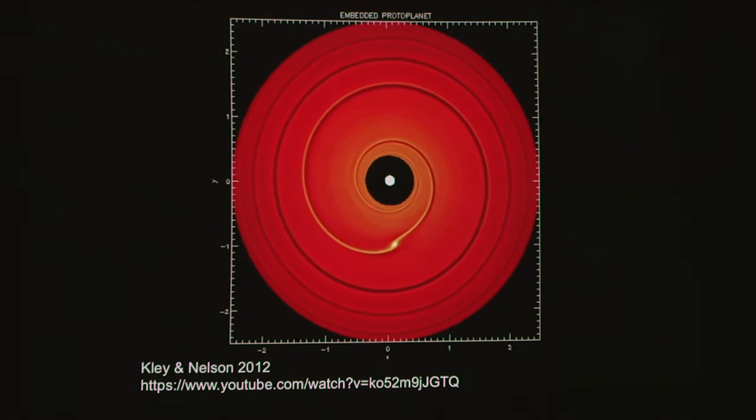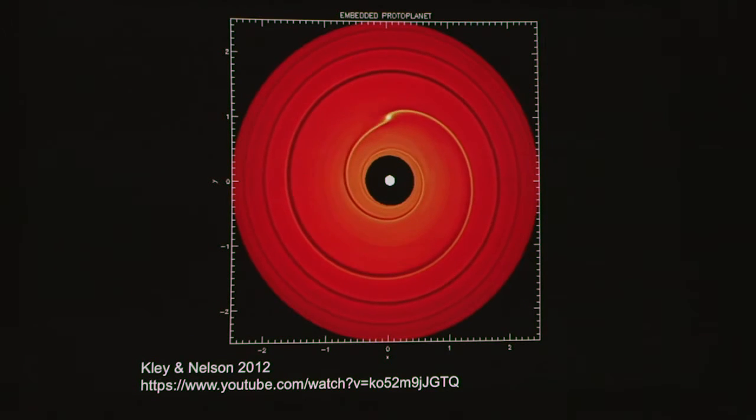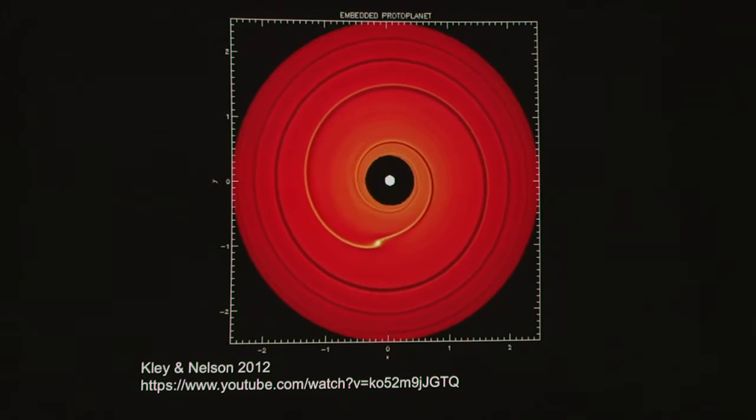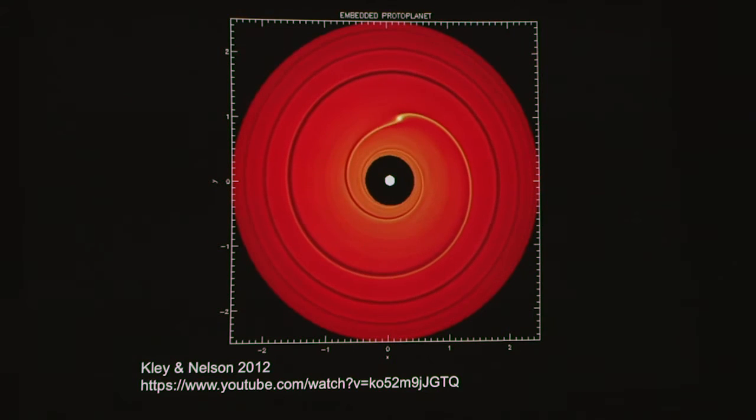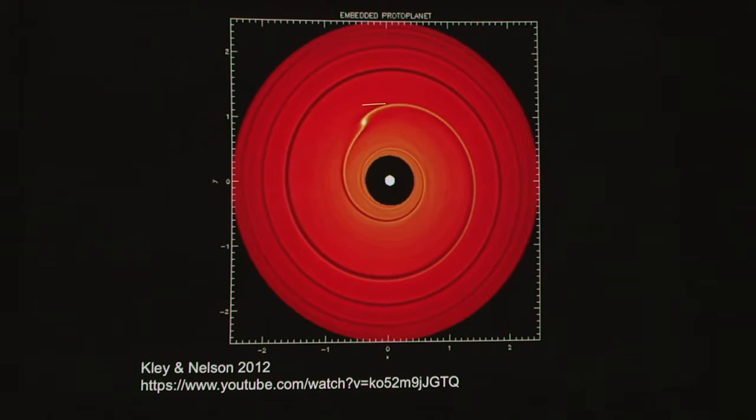And this is just a matter of the fact that gravity is pulling the gas in towards the planet, and then the fact that things also orbit at different speeds. So stuff closer to the star orbits faster, and the gas, as you go further out, orbits slower and slower. And that leads to the spiral pattern that gets induced in the disk.